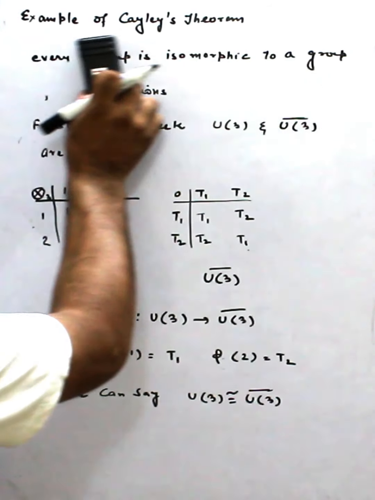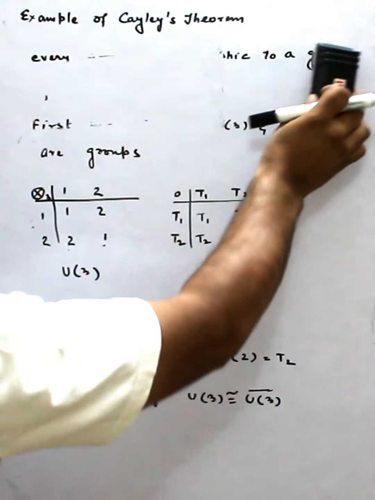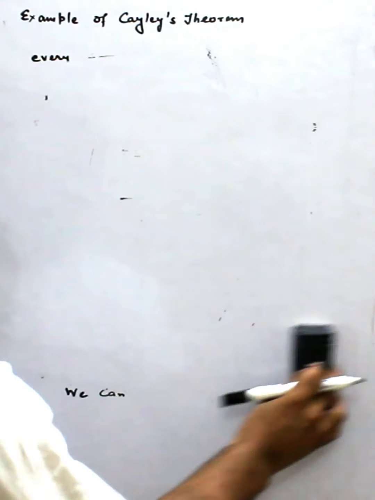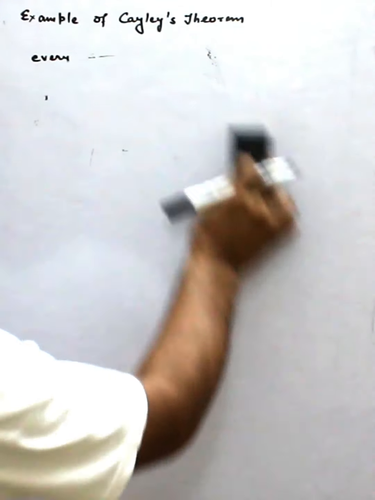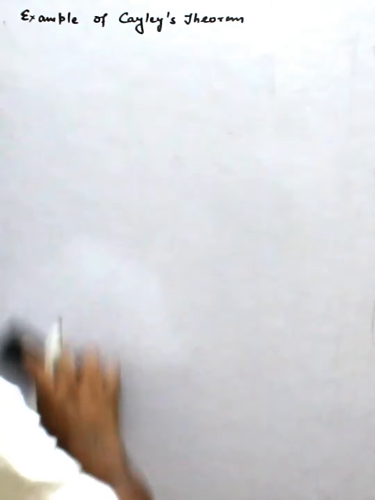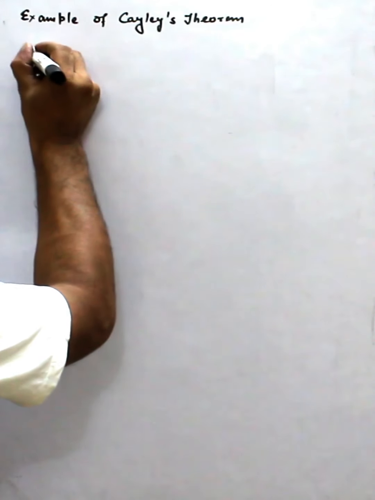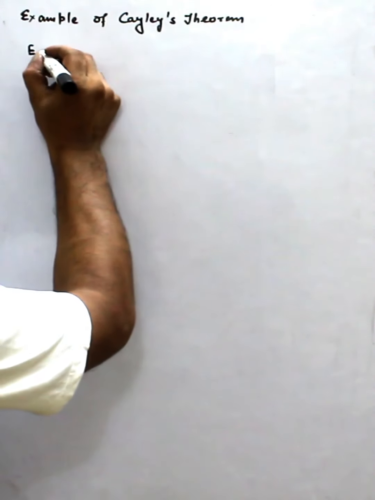Okay, I rub this. What was our statement of Cayley's theorem?